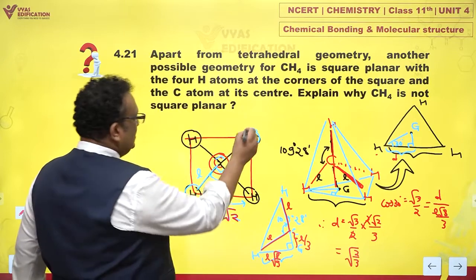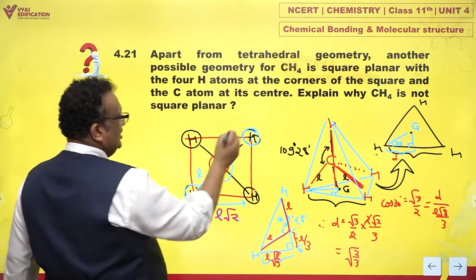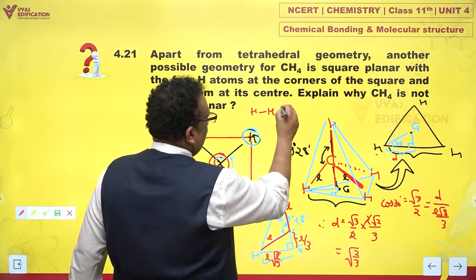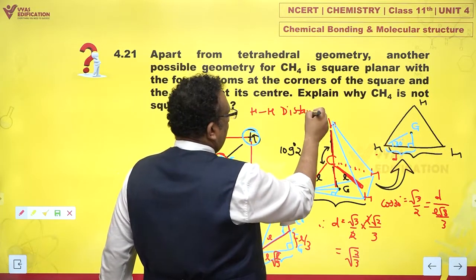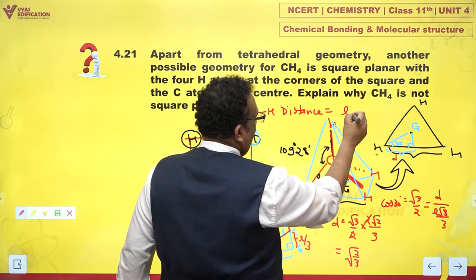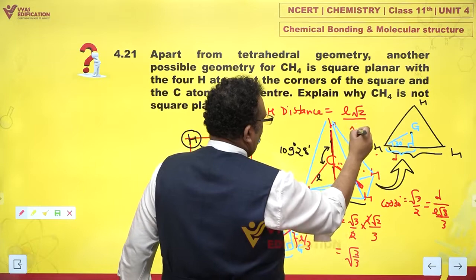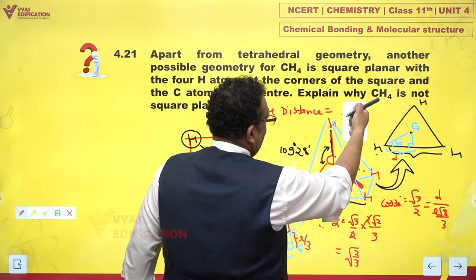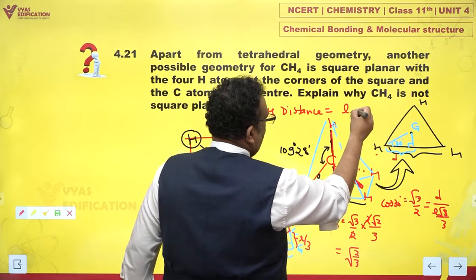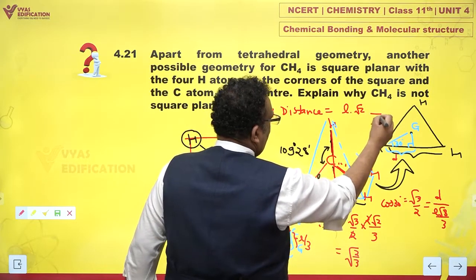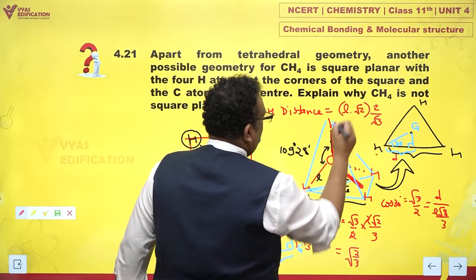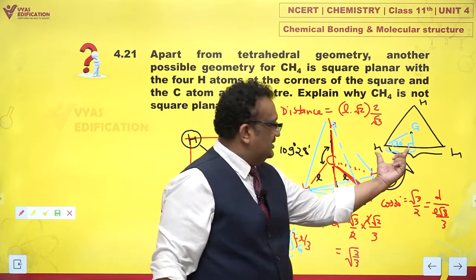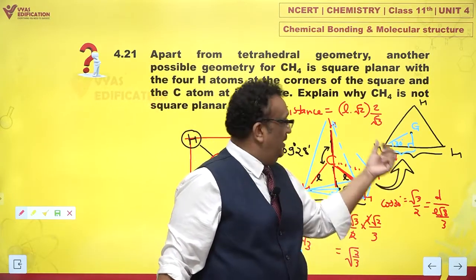The HH distance is L root 2 upon root 3 into 2. I'll write it again. L into root 2 upon root 3 into 2, like this. Why? Because this is half. Full HH distance will be multiplied by 2.